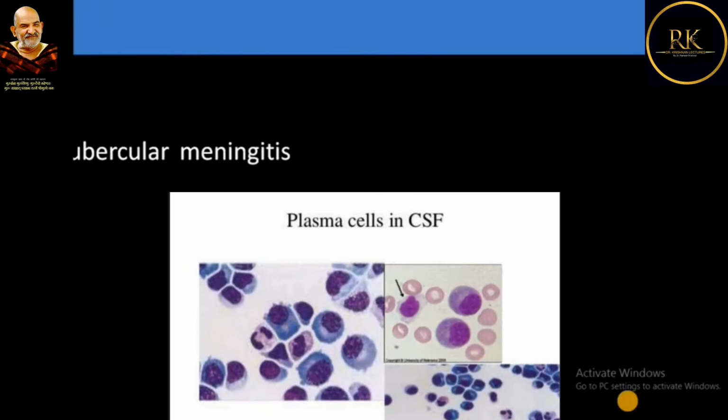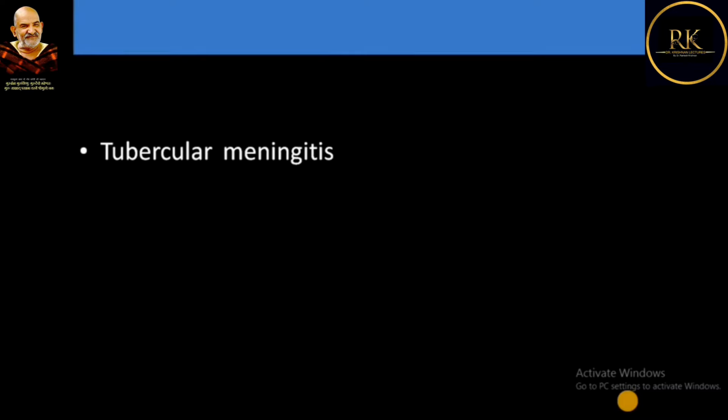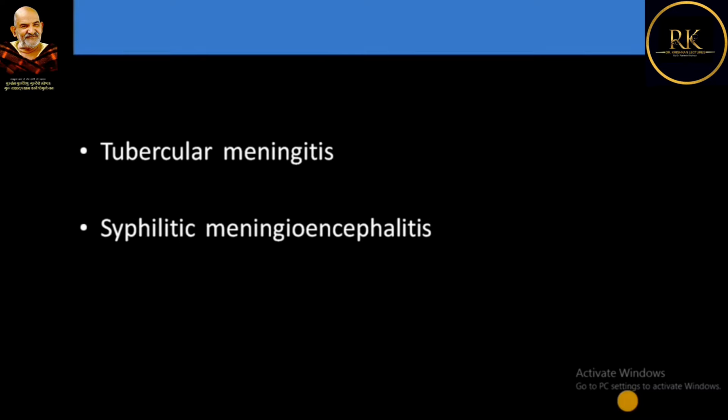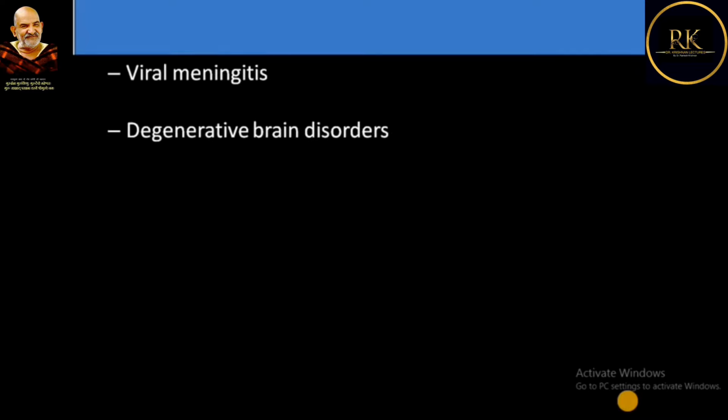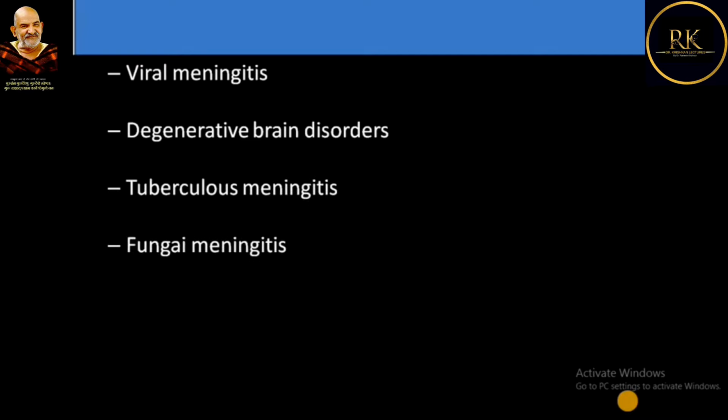The conditions associated with increased lymphocytes and monocytes in CSF. The causes include viral meningitis, degenerative brain disorders, tubercular meningitis, fungal meningitis, and sarcoidosis leading to meningitis. The conditions associated with increased lymphocytes in CSF.